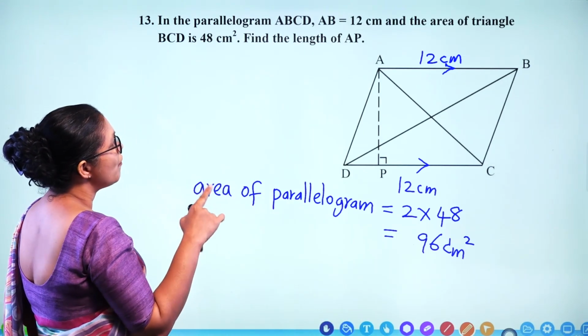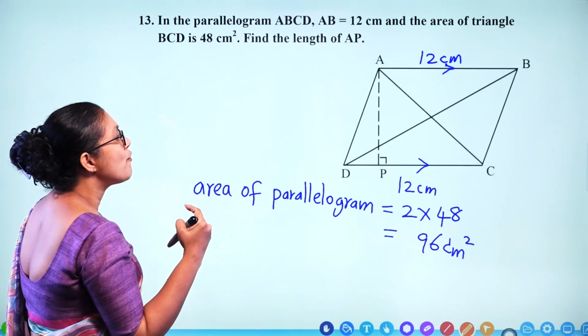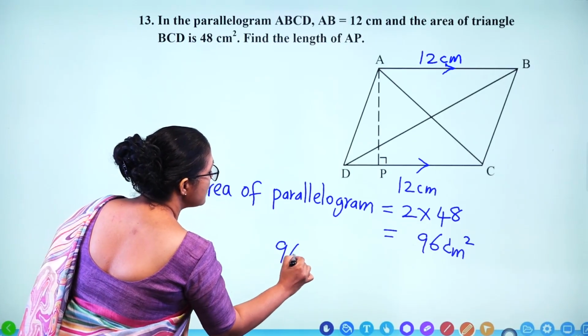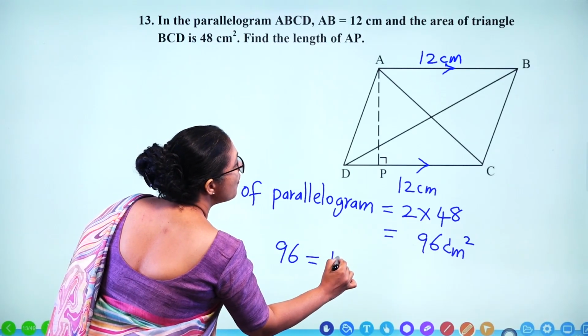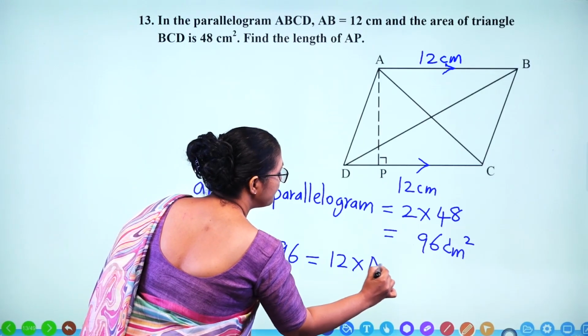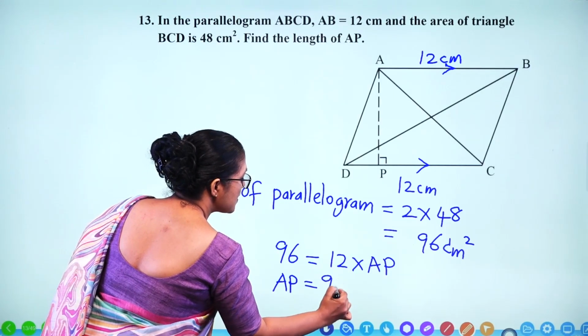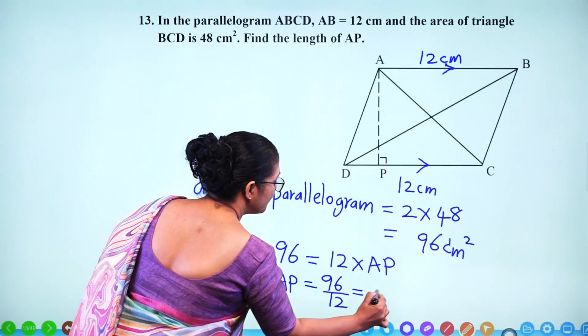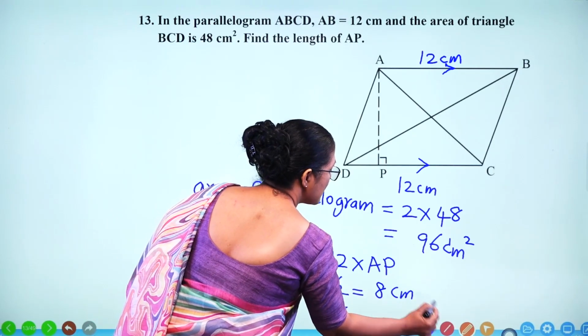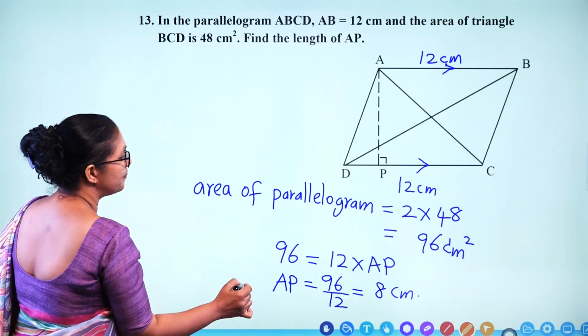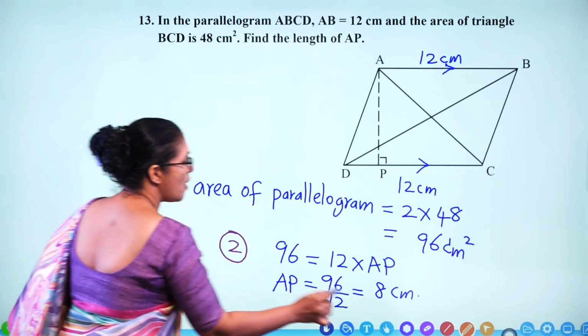Now we need to find AP. So what's the area of the parallelogram? 96 centimeters squared is equal to the base 12 into AP. So what's AP then? 96 divided by 12, you get 8 centimeters is the length of AP. So you get 2 marks.